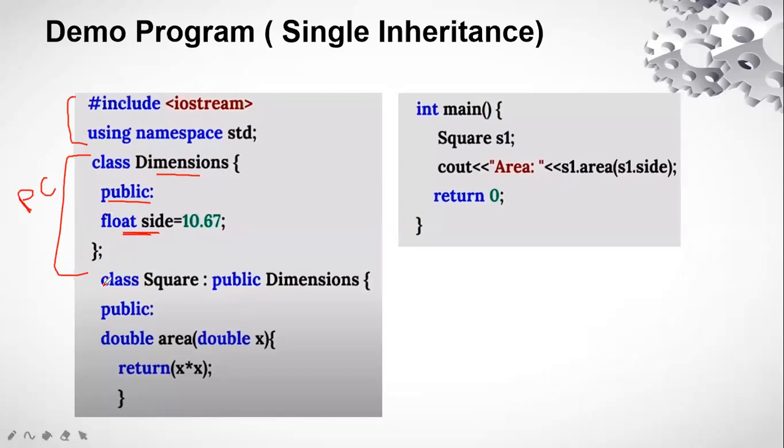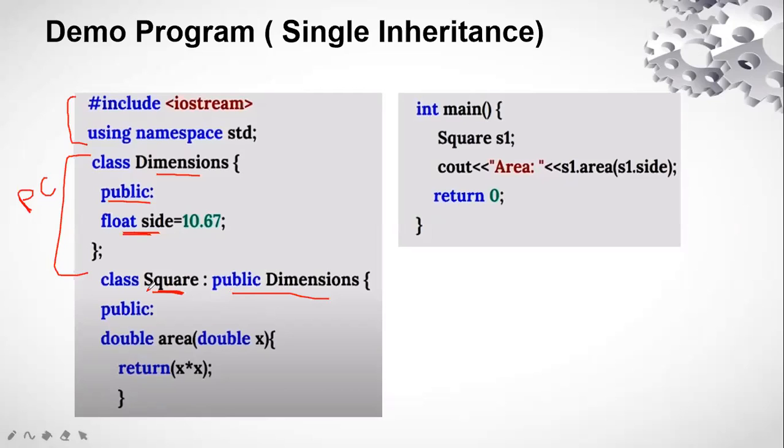Now I am defining a child class. How is this defined as the child class? This is one more class with the name Square, and a colon, this is the syntax for inheritance. Colon public Dimension. That means the Square is inheriting the properties of class Dimension publicly.